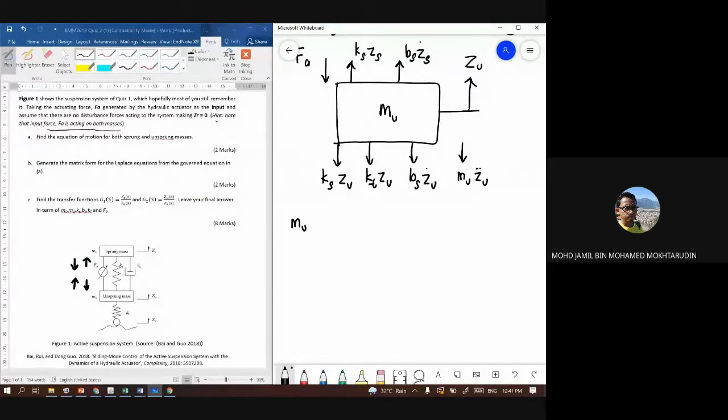Mu Zu double dot plus Bs (Zu minus Zs) dot plus Ks (Zu minus Zs) plus Kt Zu equals minus Fa, or plus Fa equals 0. If you bring it to the other side, then it becomes minus Fa.